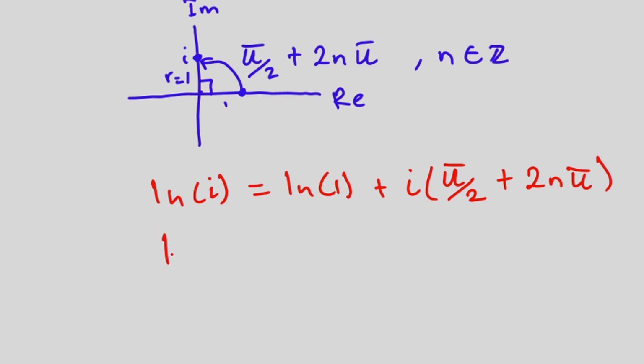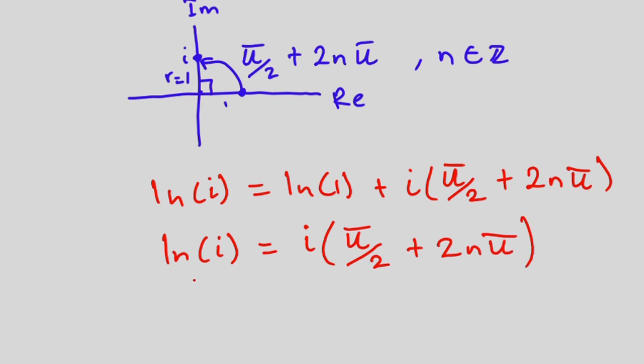Now let's simplify this further. We have ln of I is equal to ln of 1, which is technically 0. So we have 0 plus, now let me get rid of the 0 and add what is left here. We're going to have I times pi divided by 2 plus 2n pi. So this is what we have for ln of I.